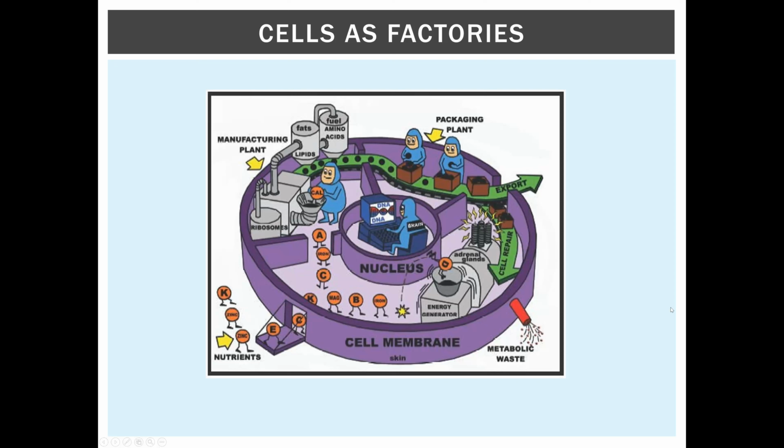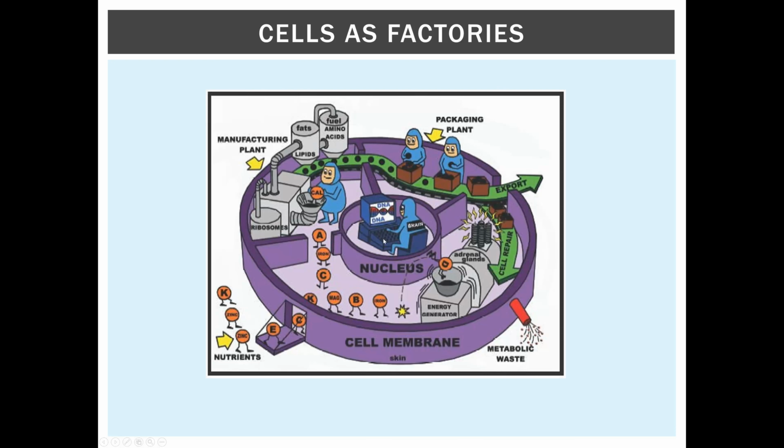So you can really think of cells as little factories. Right, we've got the cell membrane, which controls what things enter and can exit the cell. So it can let in the correct nutrients, it can let metabolic waste leave. And then inside the cell, we've got the brain of the nucleus that has the instructions. Those instructions are passed to the other parts of the factory through RNA.